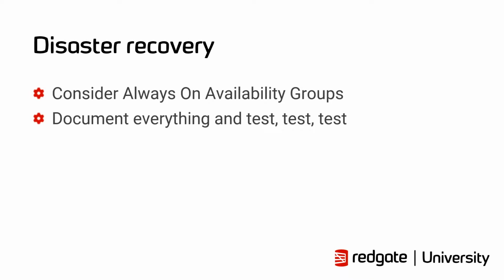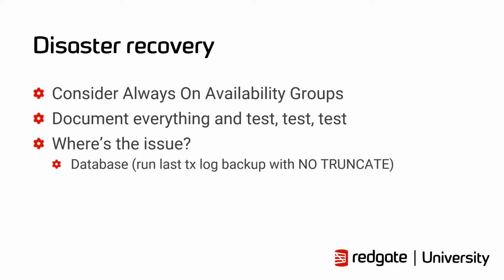As you saw in the last video, a critical aspect of failing over is making sure that you have all the log file backups. In a disaster situation, you may not be able to recover all the transactions that happen right before the disaster. If the issue is at the database level, for example, the database will not come online, you might be able to run one last transaction log backup with the NO_TRUNCATE option.